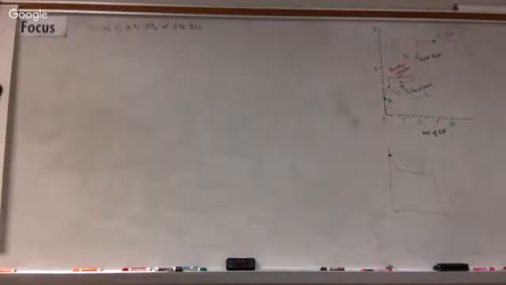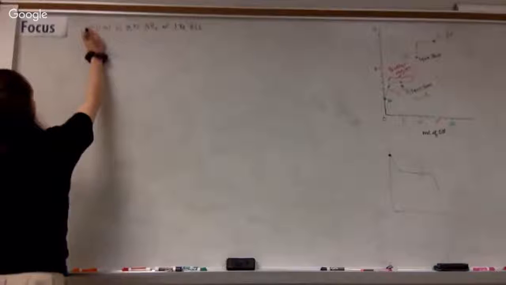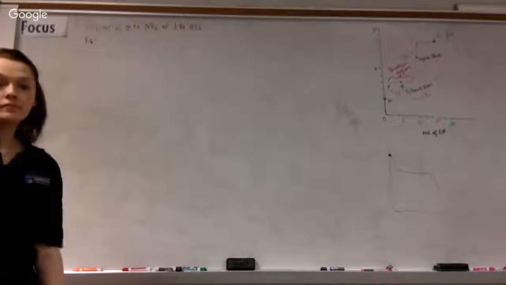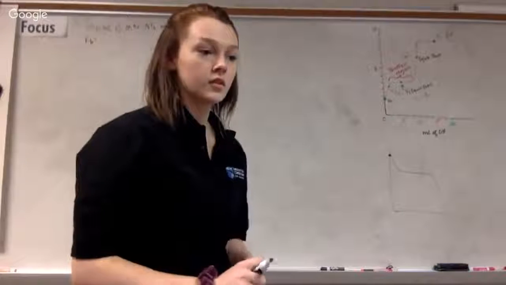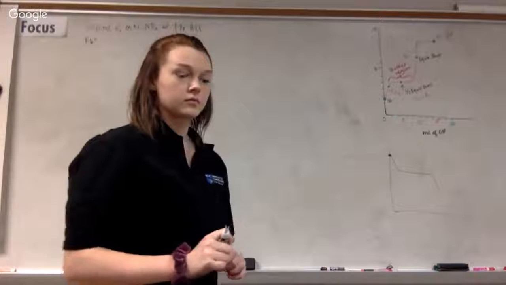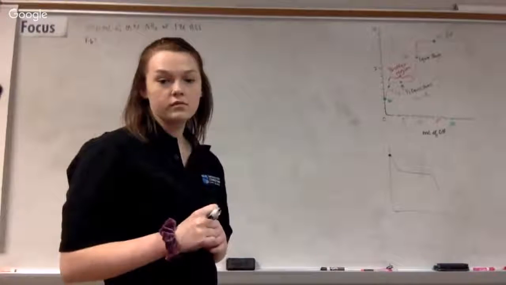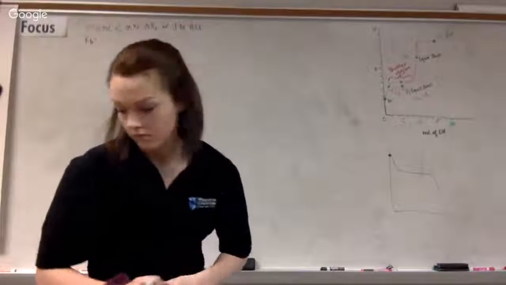Okay. Now, by the way, in this case the KB, they don't give me the KB in this problem. Can someone do me a favor? In your packet, I gave you a worksheet that says KAs and KBs. Can you guys find that for me?